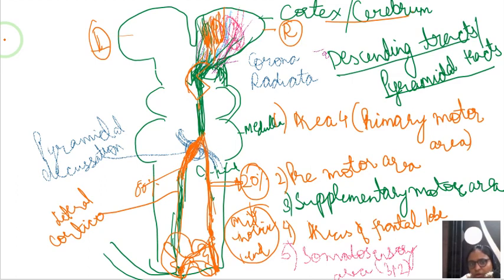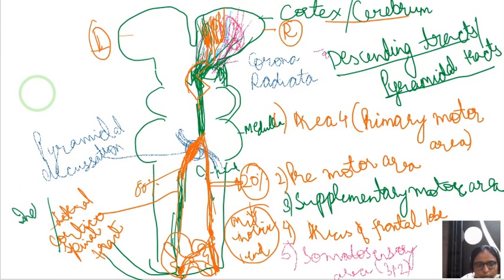Because they originate from the cortical region of your brain and descend to the spinal cord, so they are called the corticospinal tracts. Fine. And this is your lateral corticospinal tract. Another name for it is your indirect corticospinal tract.